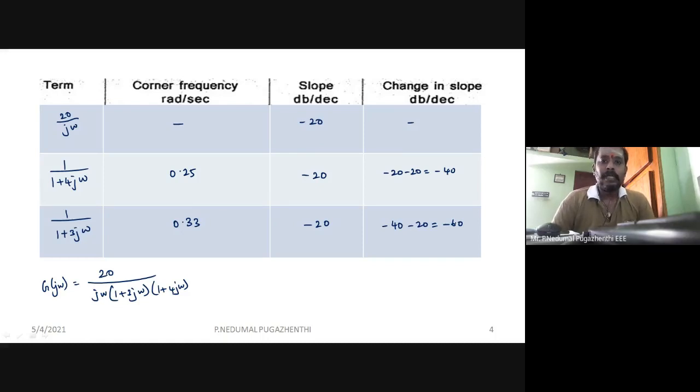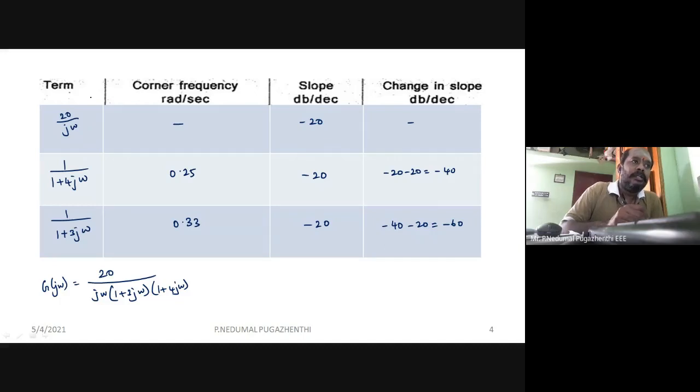So you have to form a table from the given transfer function, identify the terms, arrange them in ascending order based on the corner frequency, choose the slope and find the change in the slope. The slope will be based on the availability of omega, whether it is in the denominator or the numerator, and the power of omega. If it is available in the denominator, you will have negative slopes. If it is in the numerator, you will have positive slopes.